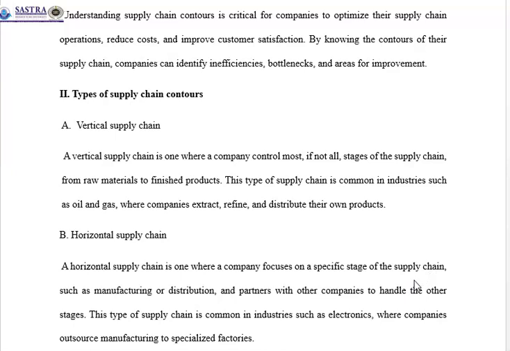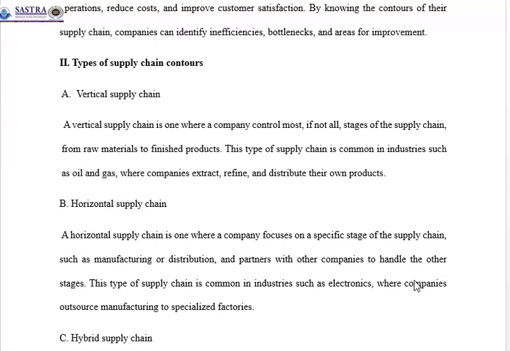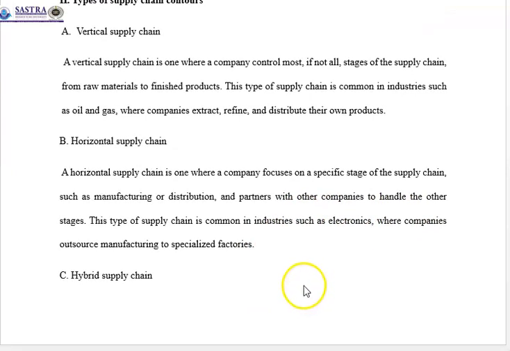The horizontal supply chain is one where a company focuses on a specific stage of the supply chain, such as manufacturing or distribution, and partners with other companies to handle the other stages. This type of supply chain is common in industries such as electronic goods, where companies outsource manufacturing to specialized factories and they will once again assemble it.